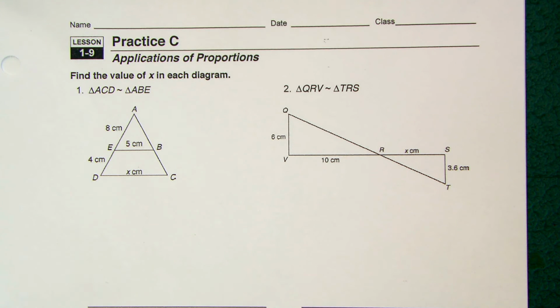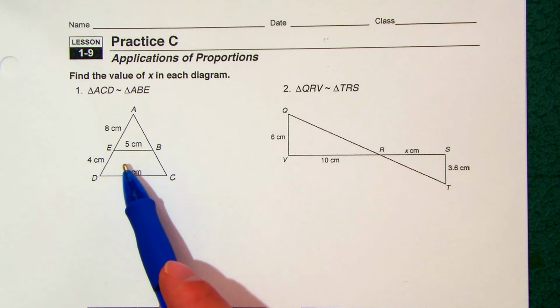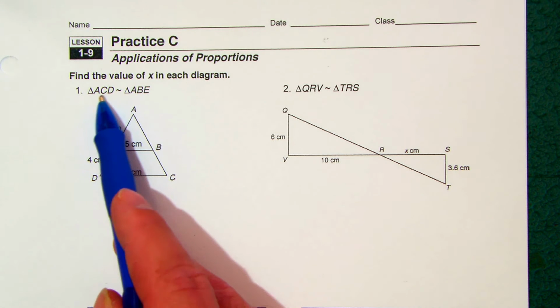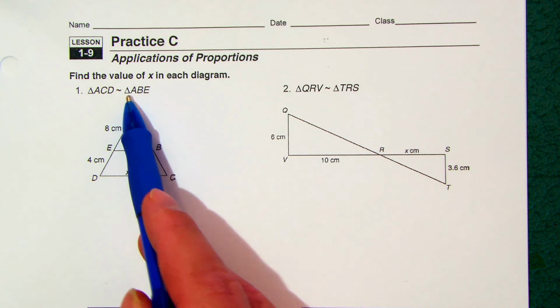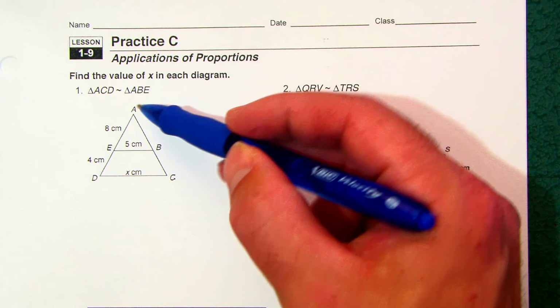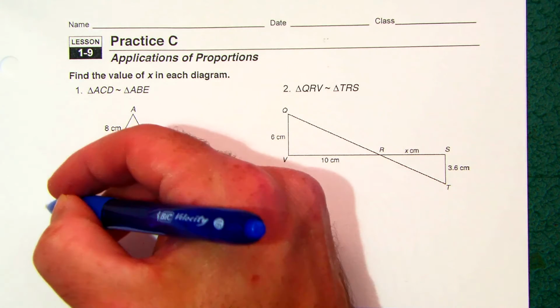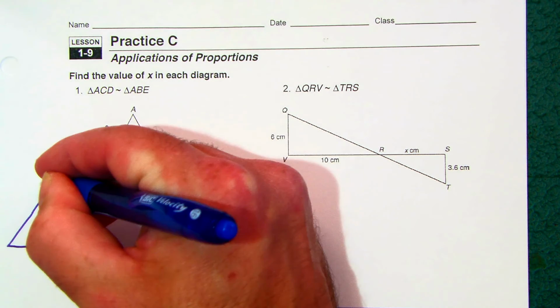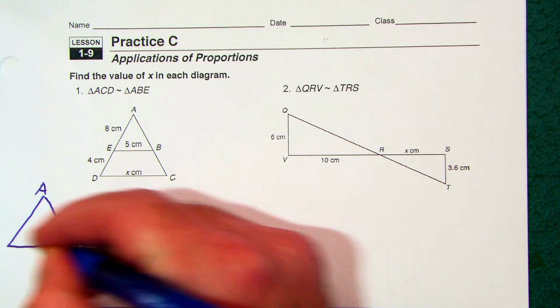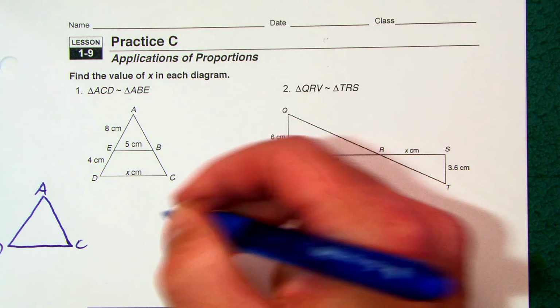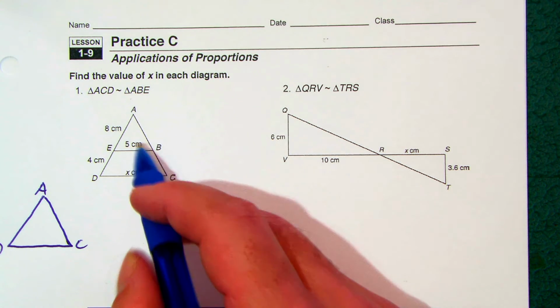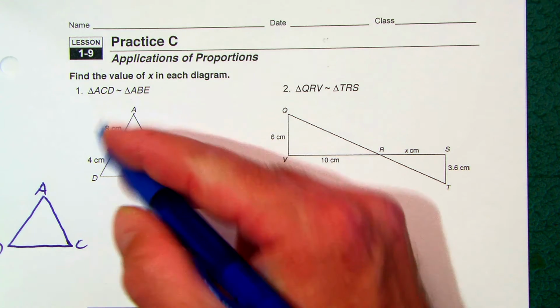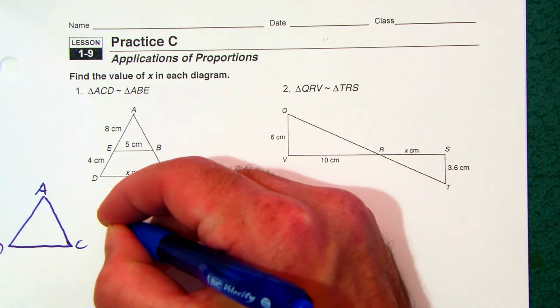All right, so next up here, it's a little confusing because we have a triangle inside a triangle, but we have triangle ACD is similar to triangle ABE. So ACD is easy because it's this big one, but let's just redraw them. So again, ACD, and then my smaller triangle was ABE. So I'll try and draw that a little bit smaller here.